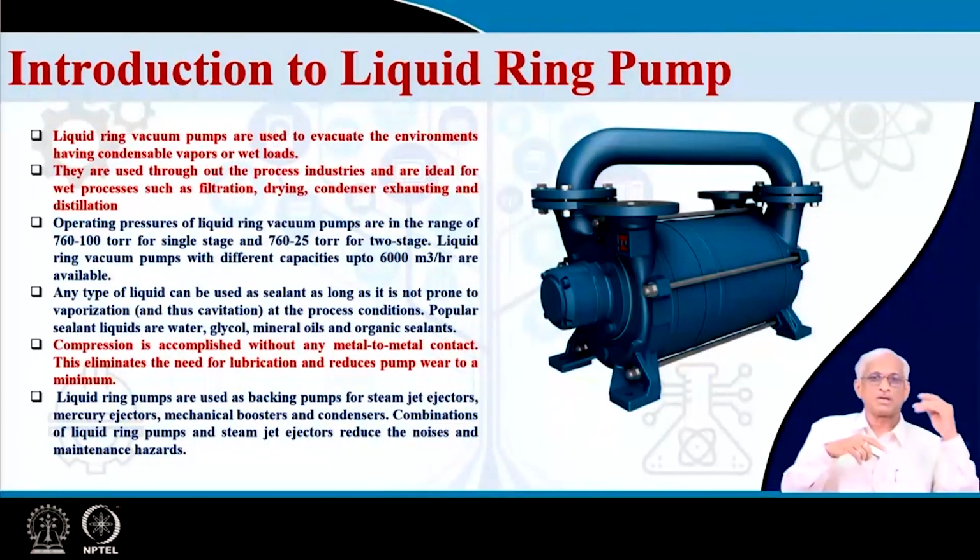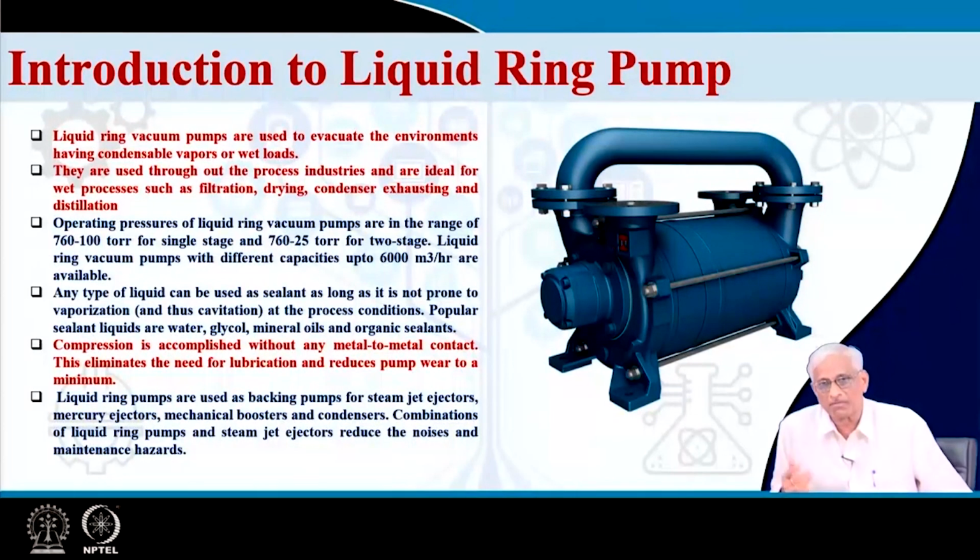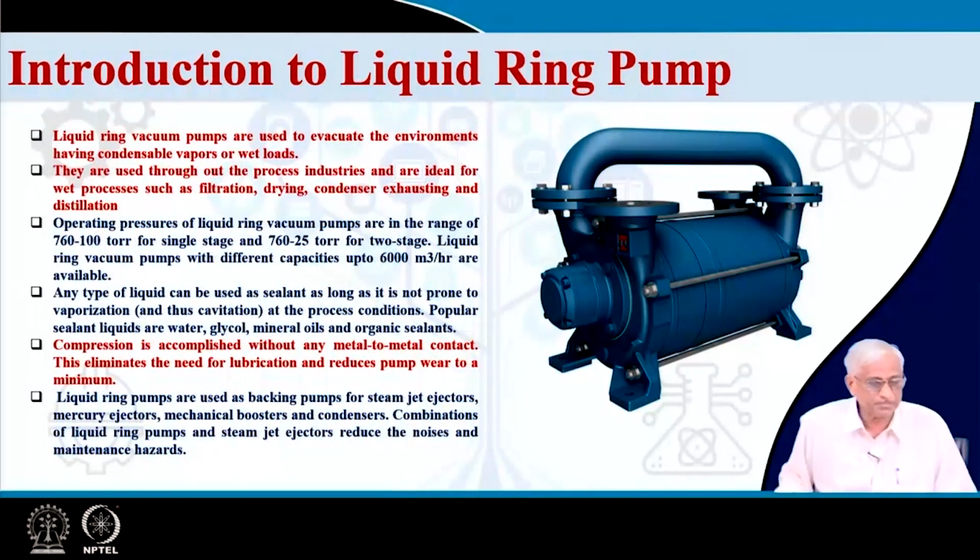If you want 1 torr, 0.1 torr, then this pump is not going to be useful, but 20 torr, 40 torr, 50 torr, 100 torr, these are quite competitive with other pumps.